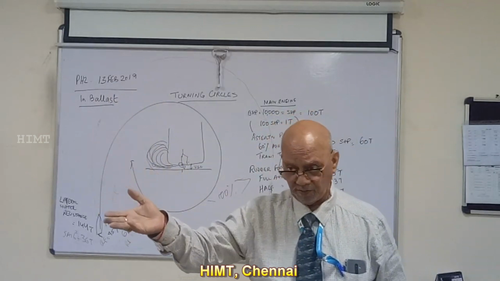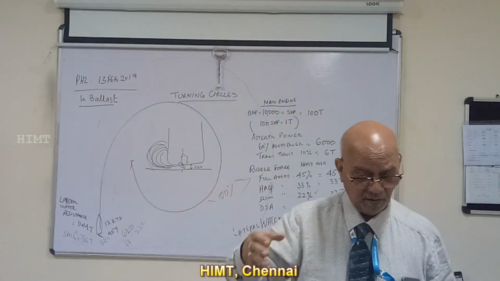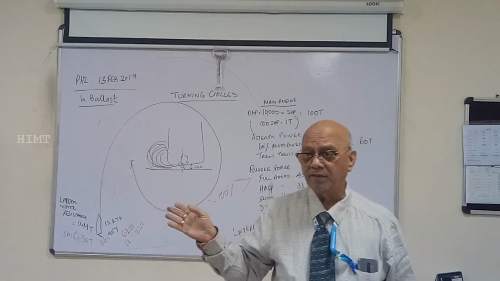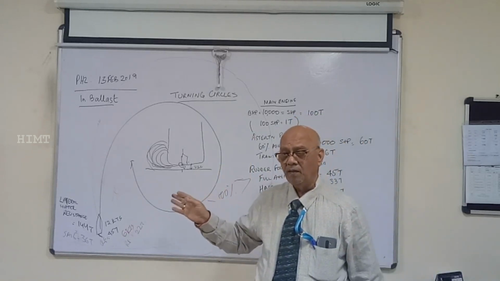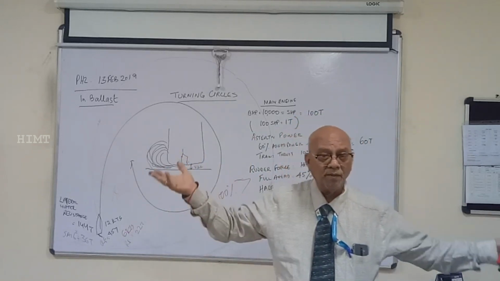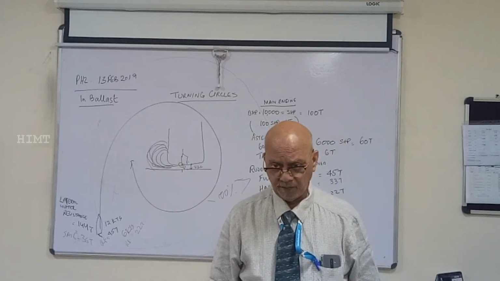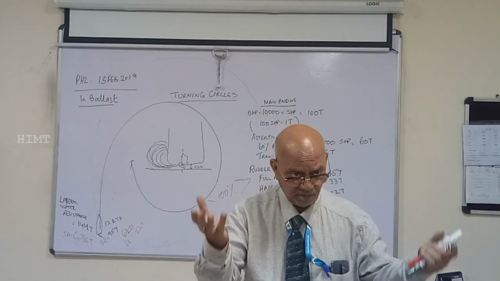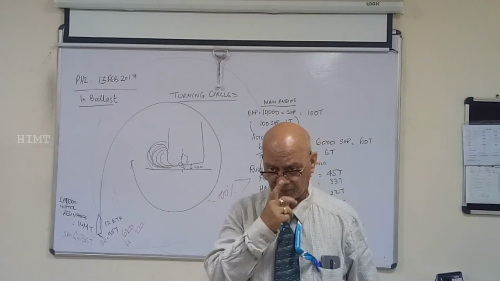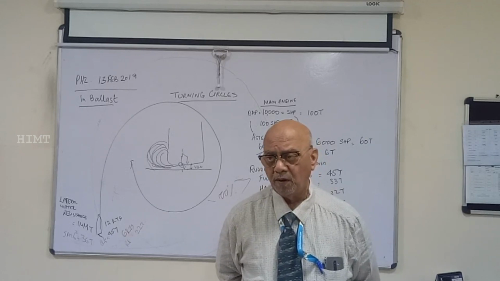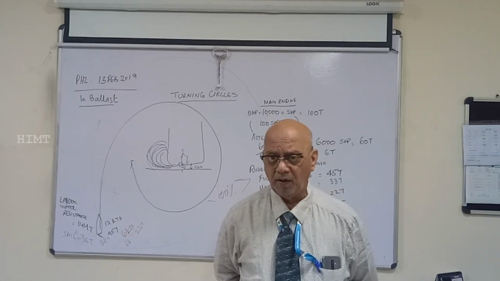Now the squat takes place, or the banking effect takes place, or interactions are taking place, and in addition to this, the turning circles are becoming bigger. Stopping distance will increase. Therefore, you need to be more careful.